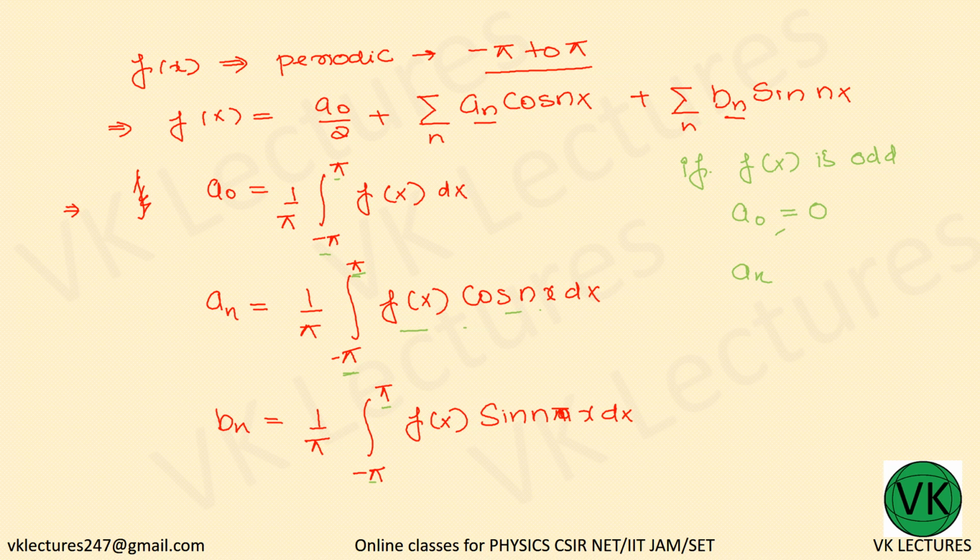Thus an will also be equal to 0, and bn you can write as, instead of from minus pi to pi, 2 by pi into integral 0 to pi f of x into sin nx dx. Okay.